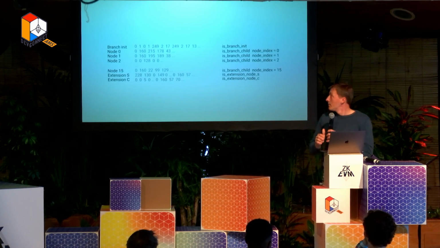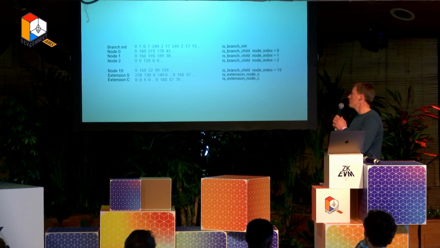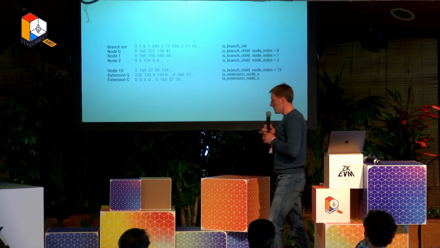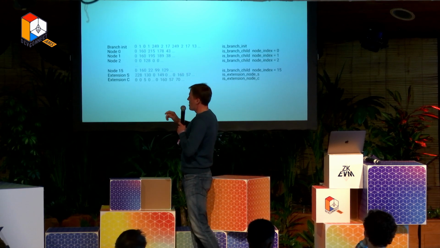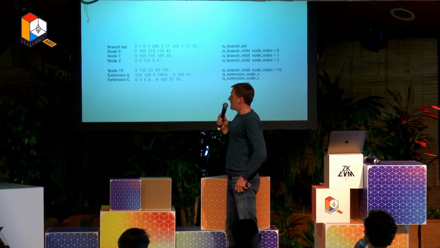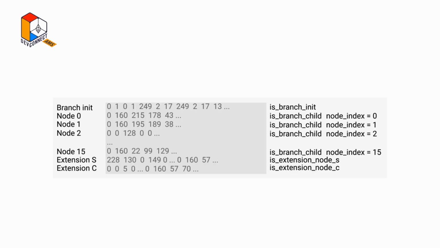But if we zoom in a bit into the branch block, this is a block of one branch. It actually contains 19 rows, not 16, because there's additional data. For example, in branch init, there are some RLP metabytes like this 249.